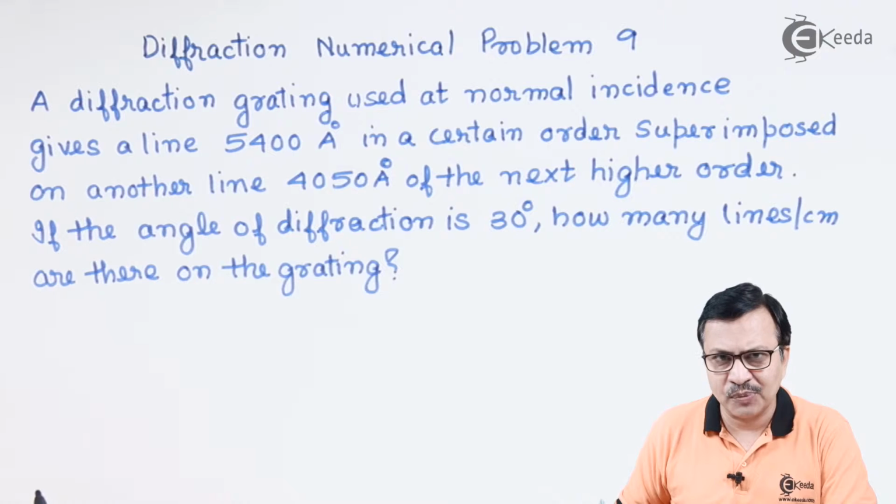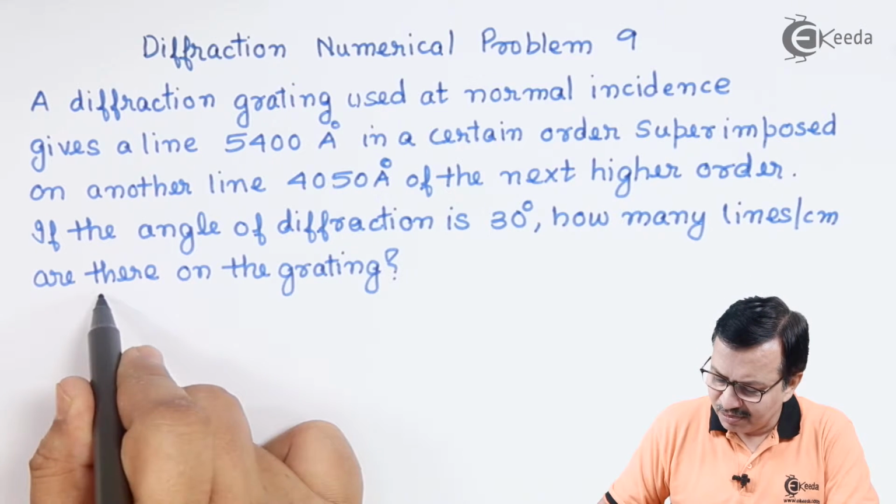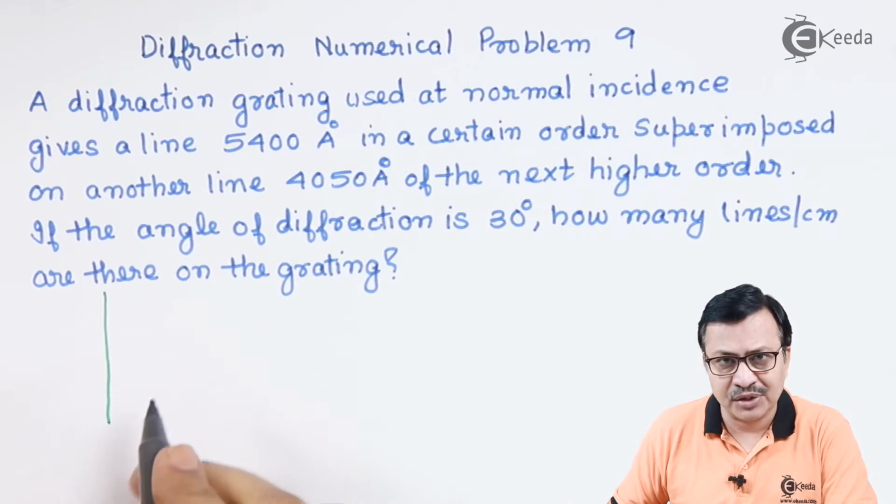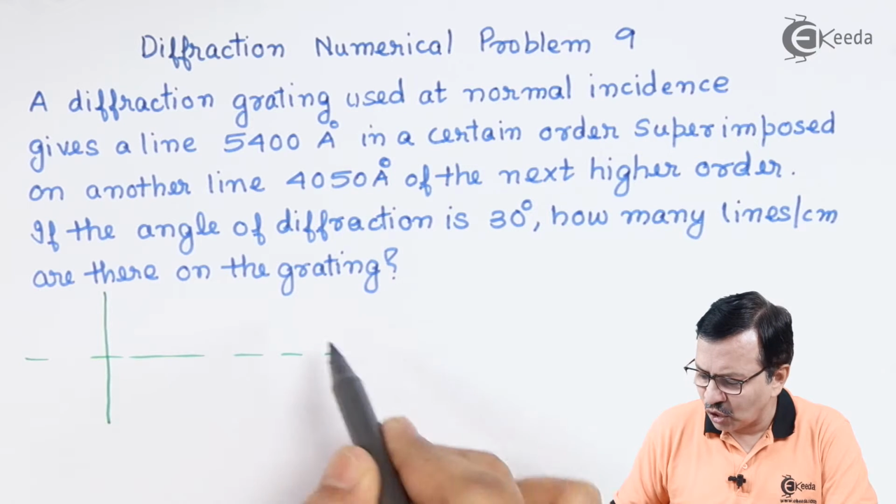In order to understand this particular problem, let us draw a simple diagram. Here is a diffraction grating, for example. Here is a normal.